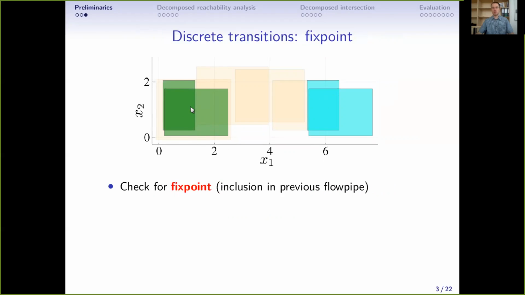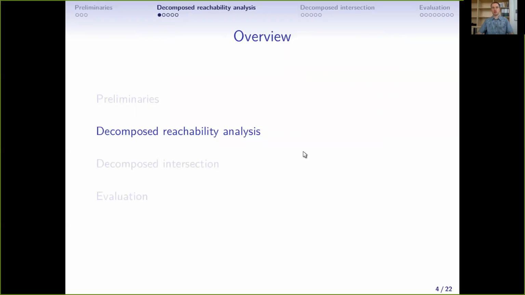And in the end, you check whether you found a fixed point, because when you found a fixed point, you can stop. And otherwise, you would have to continue from that location with the same algorithm. All right, so this was a very short introduction to linear hybrid systems and reachability analysis. And now we want to see whether we can do this more efficiently.